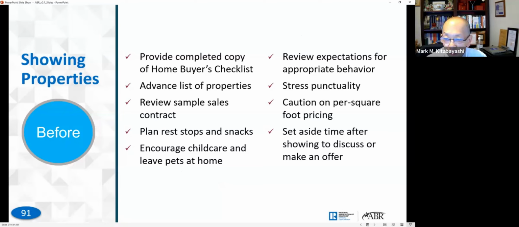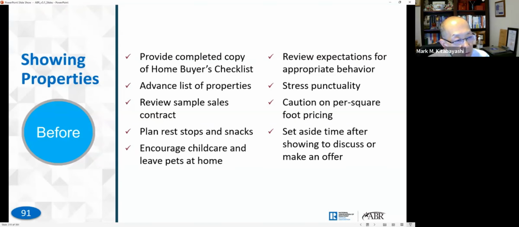Before you're showing property, these are the things you have to do. Provide a complete copy of a home buyer's checklist so everybody's on the same page. And you give them a list of the properties that you're going to show. If you're showing multiple properties, 3 or 4, I put an appointment time for each house on the sheet before I give it to them.